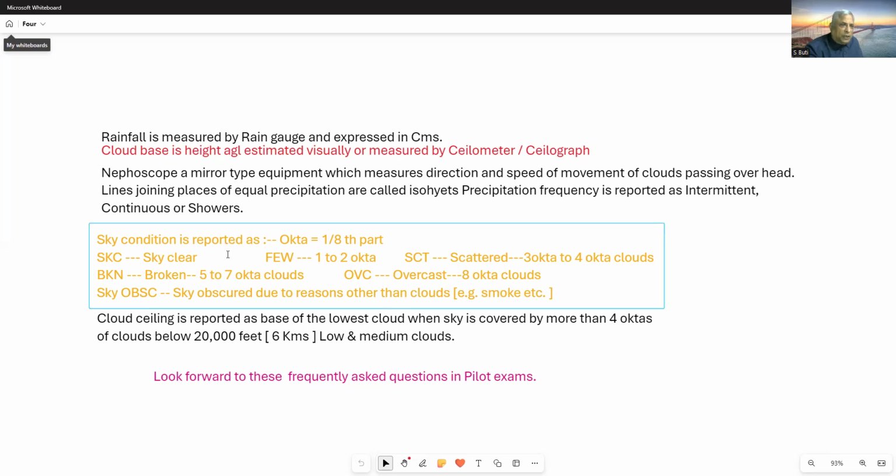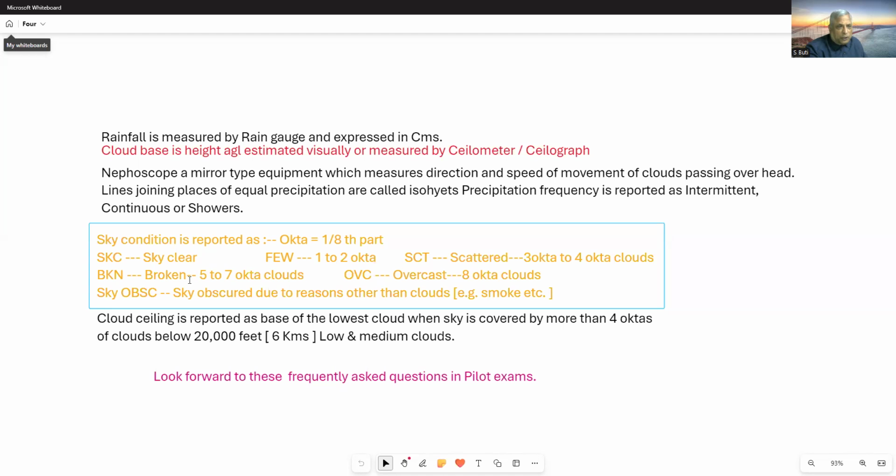When the pilot is going, before he reaches his destination, he would be interested in how the weather is when he reaches overhead. Will he be able to see the airport, or will he have to carry out an instrument approach procedure? Right. The sky is divided into 8 parts, and each part is called an octa.